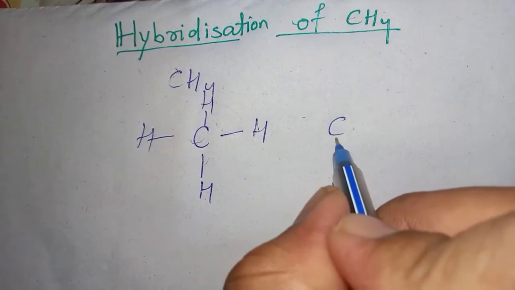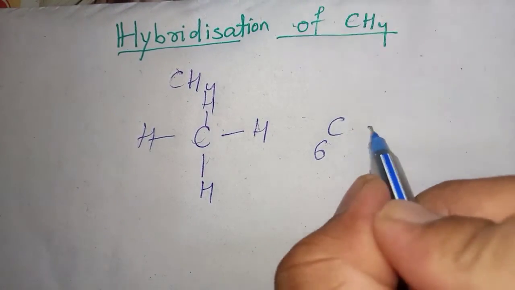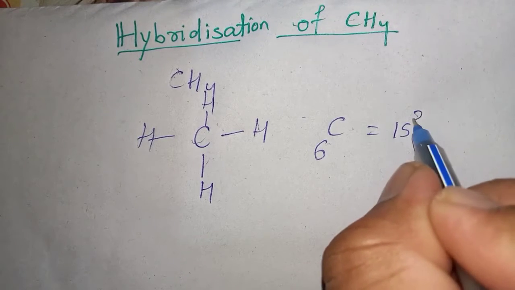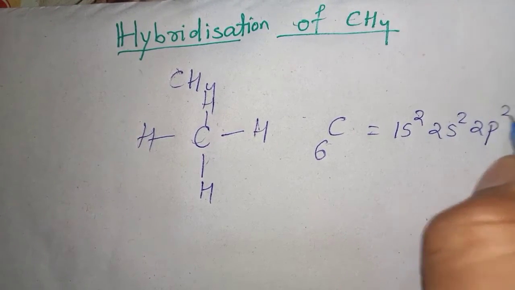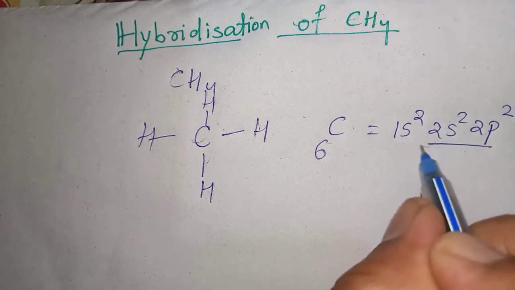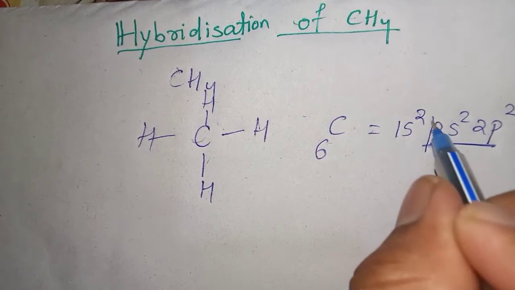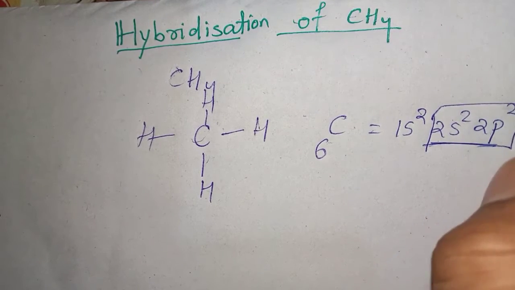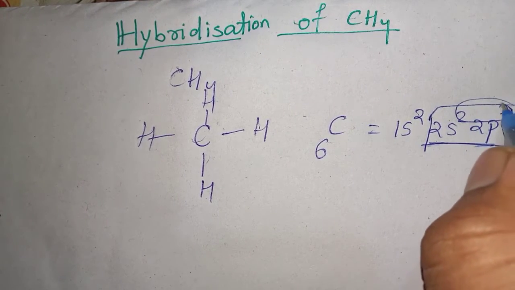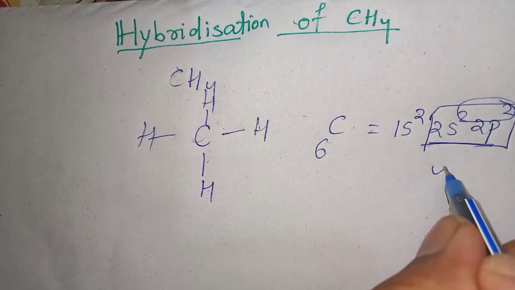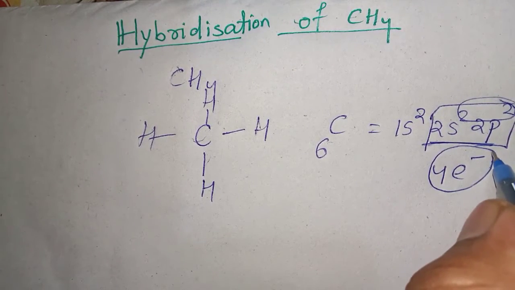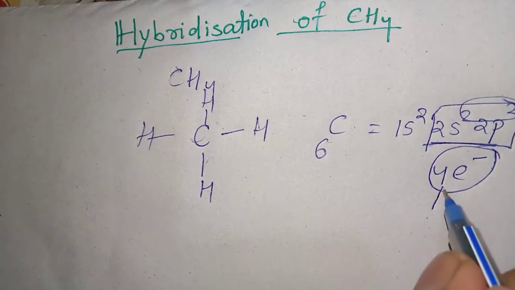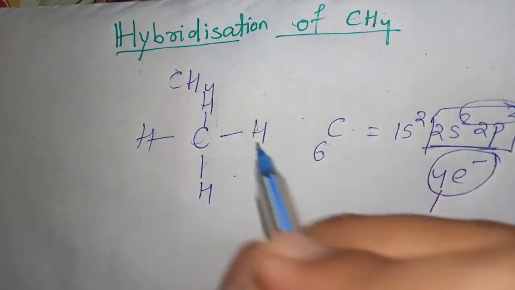The atomic number of carbon is 6 and its electronic configuration is 1s2, 2s2 and 2p2, and its outermost shell, means the second shell, there are 4 electrons present, and it's the valence shell. There are 4 electrons present in the valence shell, and here there are 4 bonds formed.